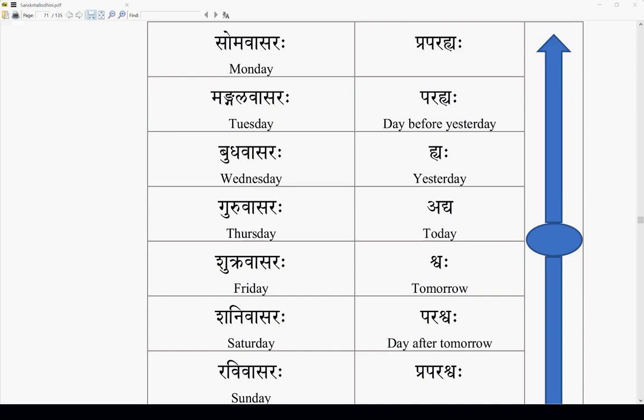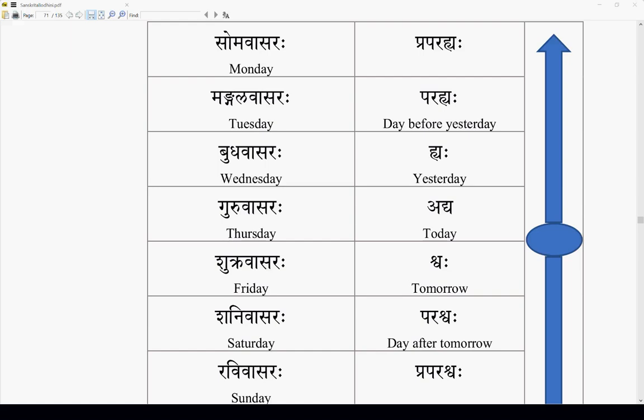Andaja is widely used for different things. Andaja could be a bird because it is born out of egg. And Andaja is also used for sarpa, serpent, snake, because they are also born out of eggs.